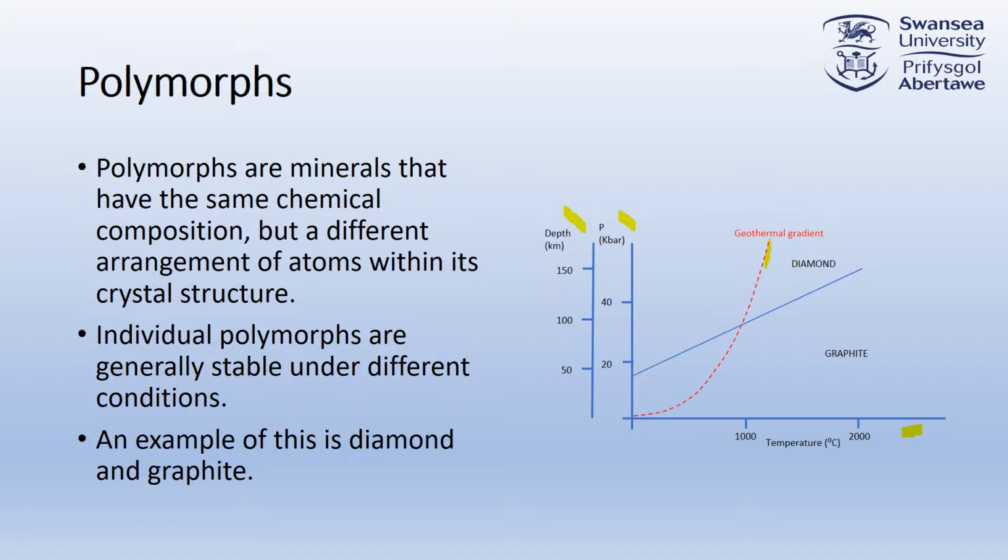Okay, so this is where graphite is stable, which is basically at relatively low pressures, but up to quite high temperatures. But diamond is stable in this little area here, which is basically high pressures and high temperatures.